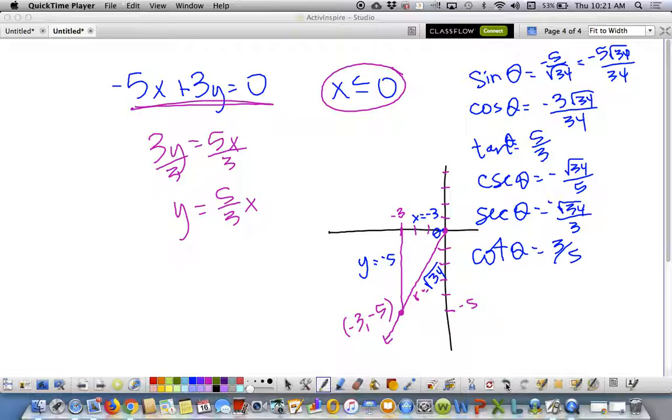Alright. What about quadrantal angles? What about an angle that lies on an axis? What is sine of 270 degrees? If you're going around to here, this one says something about sketching the graph.